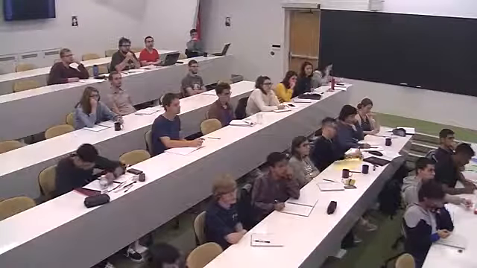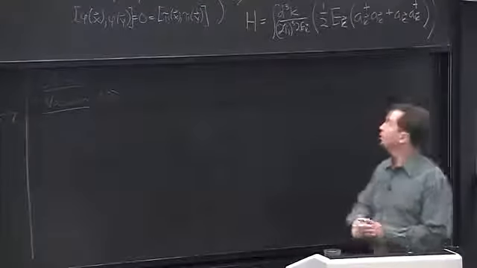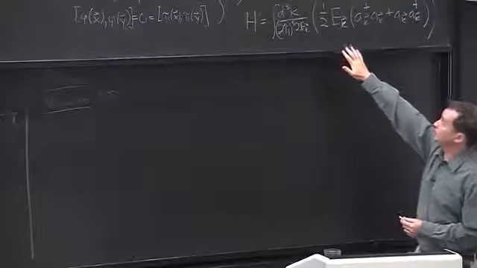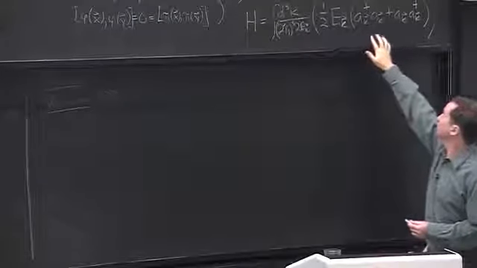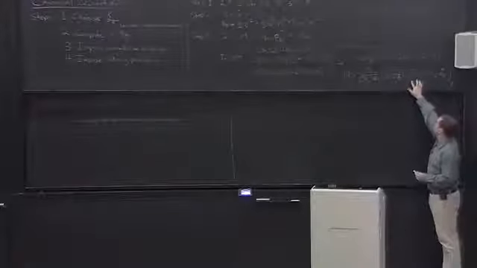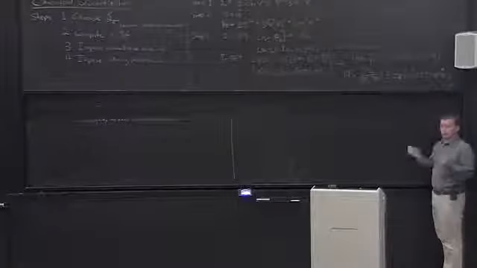Okay, so if we follow through the procedure in the first 3 steps, we'll get an expression for the Hamiltonian, for instance. It involves these operators in this particular order.